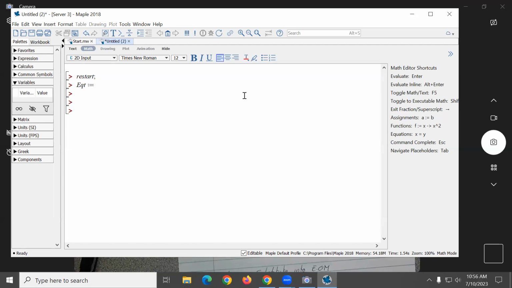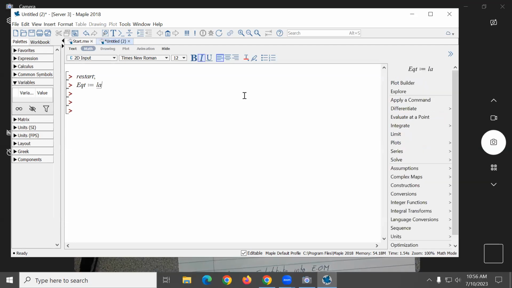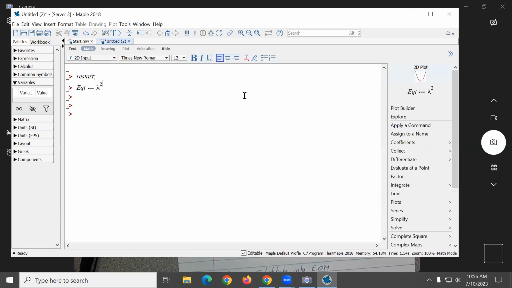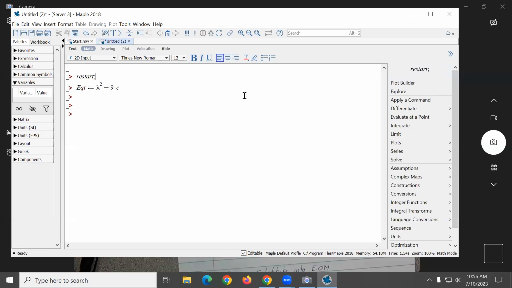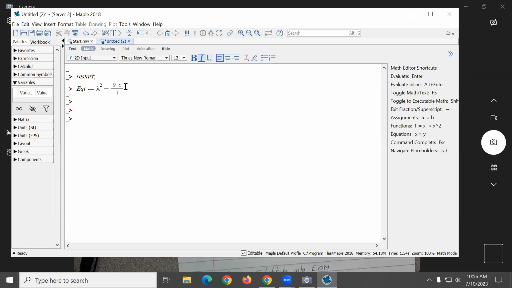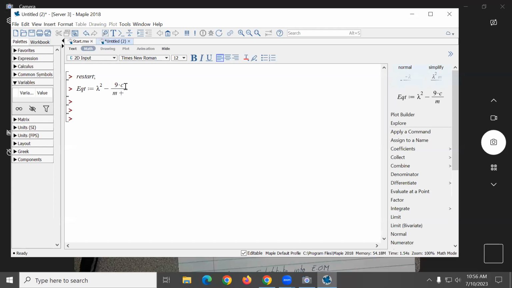Our characteristic equation is equal to lambda squared minus 9 times C divided by M plus I, Gibson, I'm going to call this one I divided by R squared.